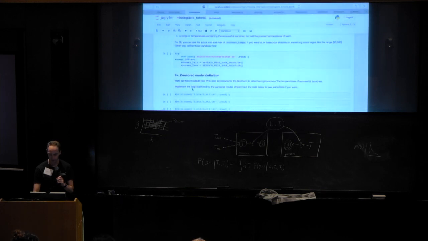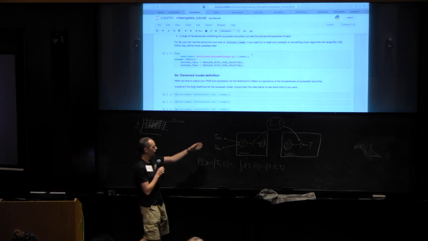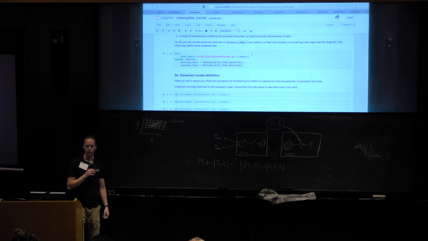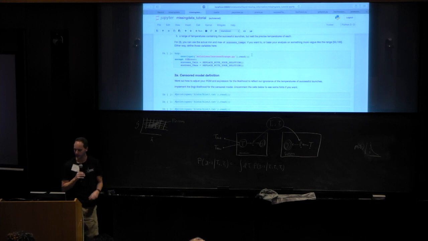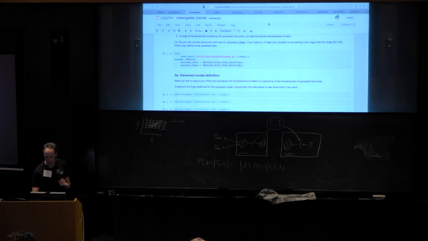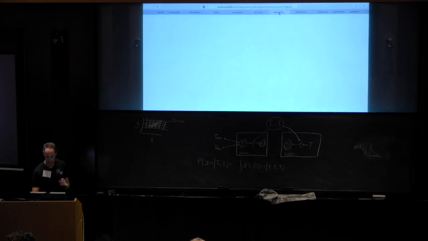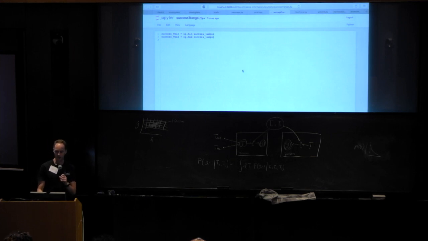What else? For the range of temperatures, Tmin and Tmax, I just chose the minimum and maximum temperature that were in the original data set, I think, which is very silly. I really shouldn't have done that because I'm not supposed to know what these things are, but I'm imagining somebody just told me, sorry, we lost the data, but I remember they were between 54 and 81 or whatever it was.